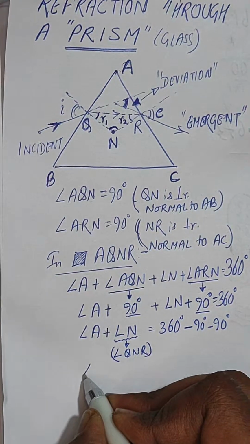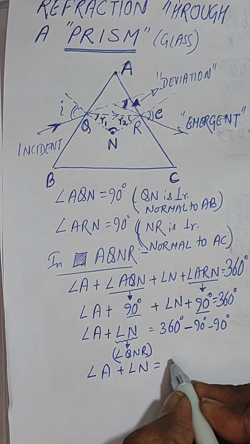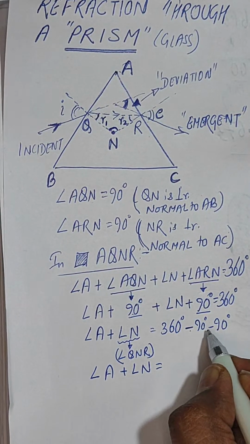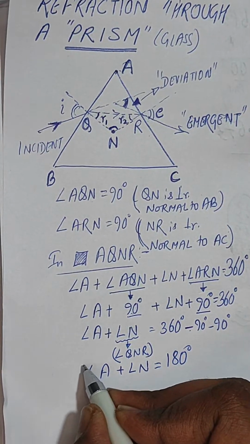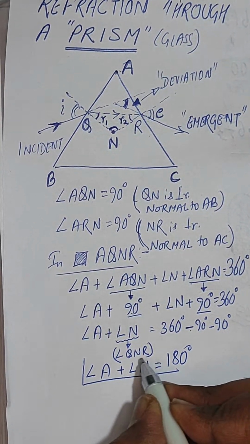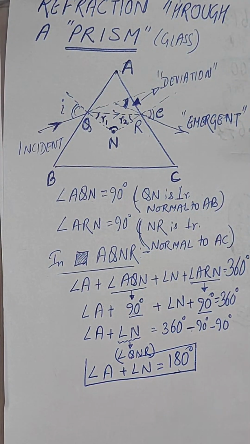This will give you angle A plus angle N is equal to 360 minus 180, which is equal to 180 degree, right? So my dear friends, we have angle A plus N as equal to 180 degree.